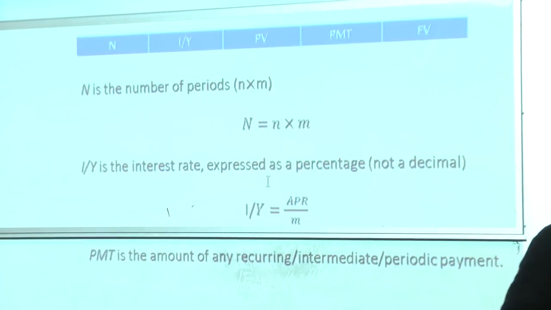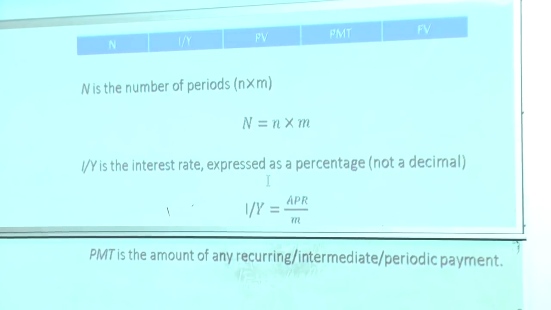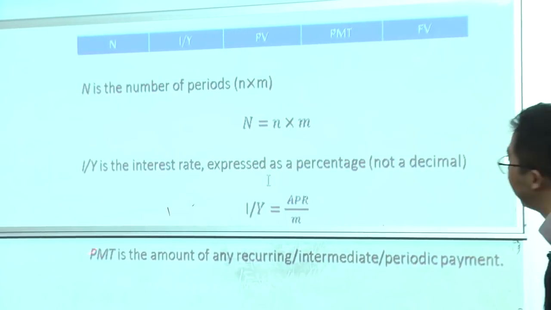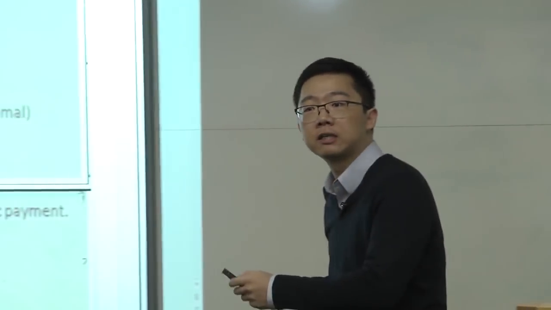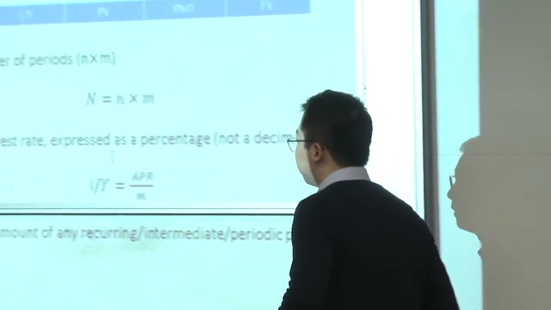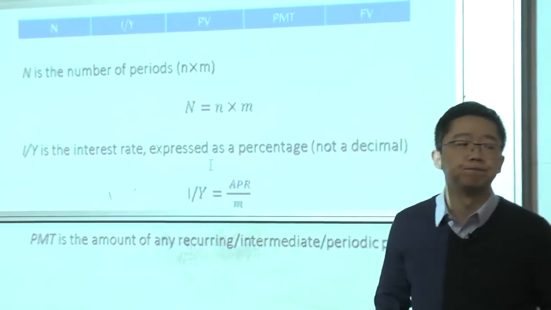Say the stated interest rate is 6% and it's a semi-annual compounding, so I/Y should be 3. PMT is the amount of periodic payment, the recurring payment. You're going to use that very frequently in the bond evaluation chapter, because a bond pays the same amount of coupon every period. You're going to use that a lot.